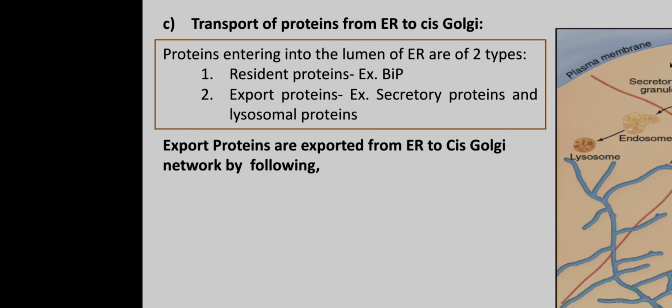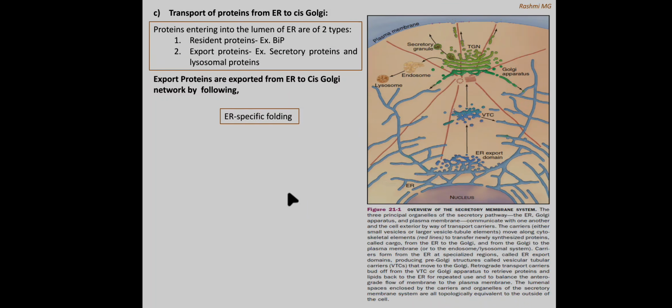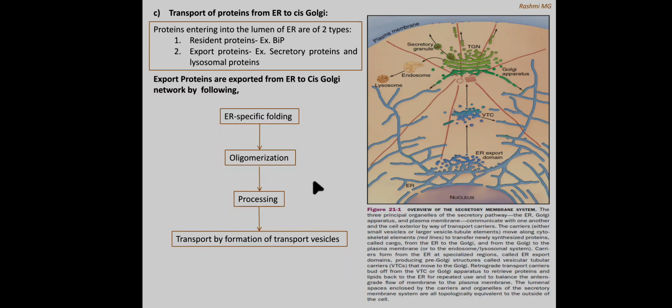The proteins which are to be transferred to the cis Golgi are resident proteins and export proteins. Export proteins are exported from ER to the cis Golgi network by the following steps: ER specific folding, after that oligomerization, next processing, next transport by formation of transport vesicles, next targeting and fusion of these vesicles.